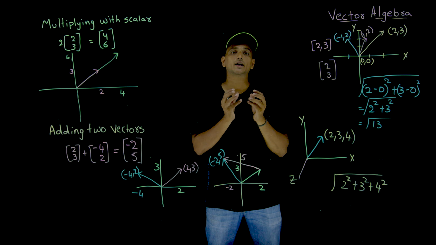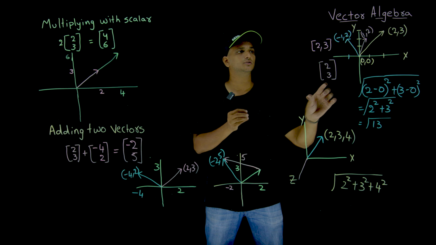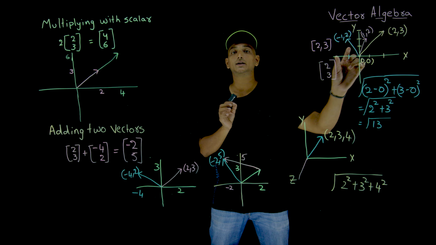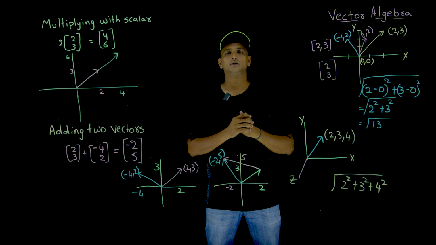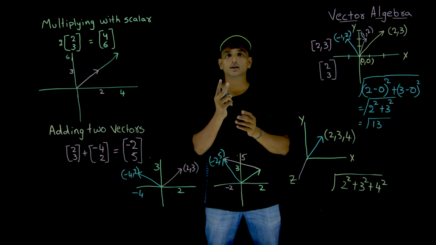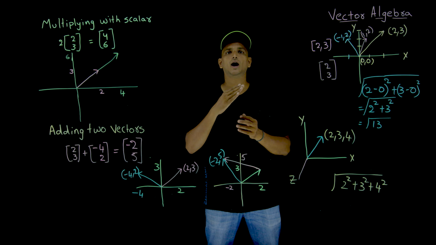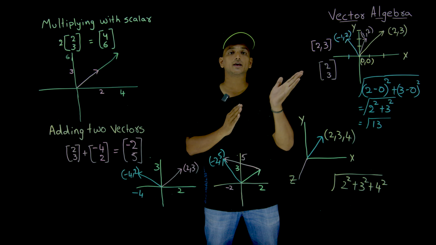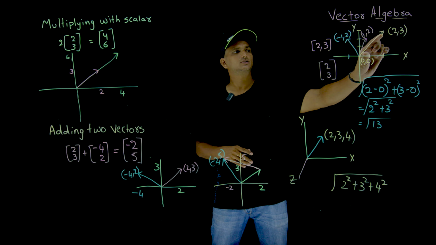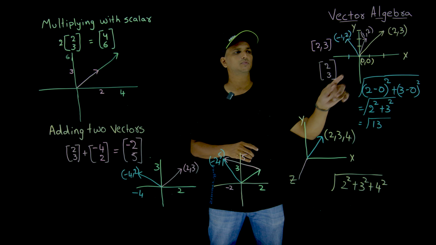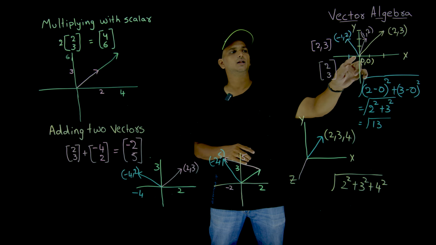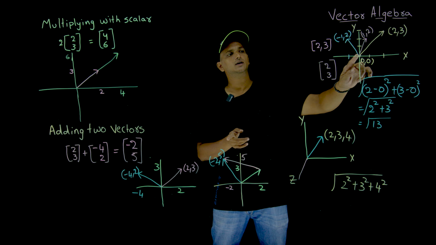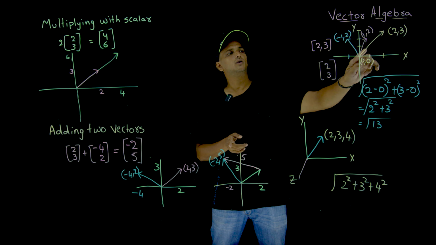Similarly, a vector has a magnitude. The length of this vector we call the magnitude. So a vector has two things: length, and direction, the way in which it is moving. What's the length of this vector? From the Pythagoras theorem, take the two points (0, 0) and (2, 3).